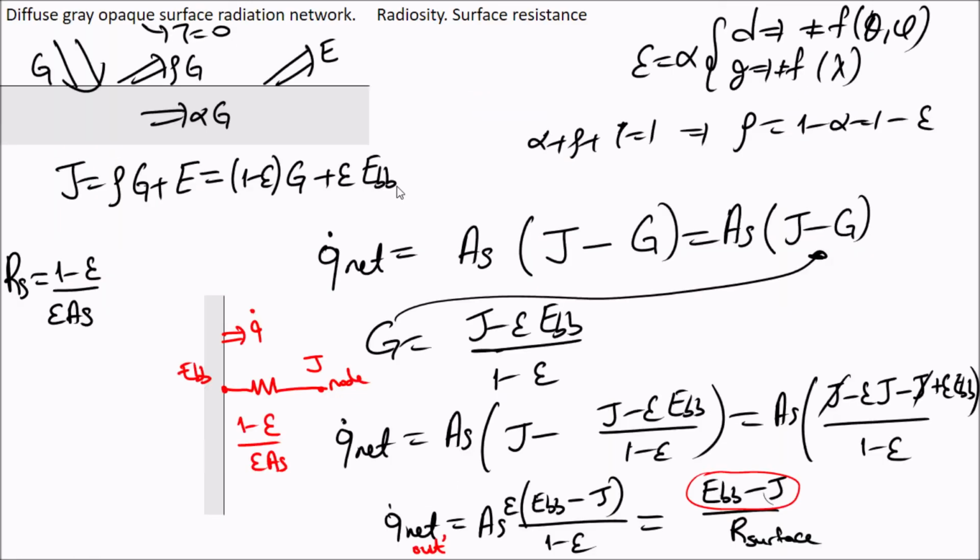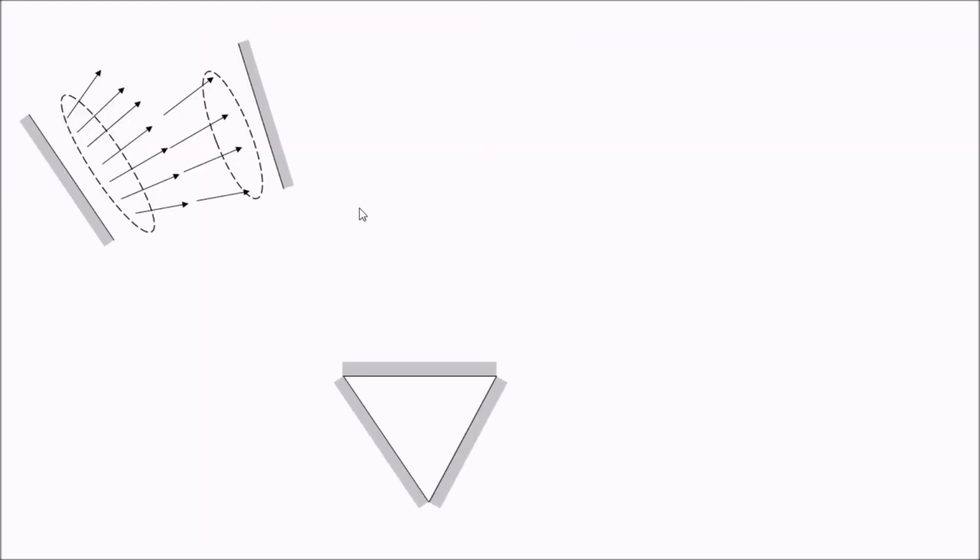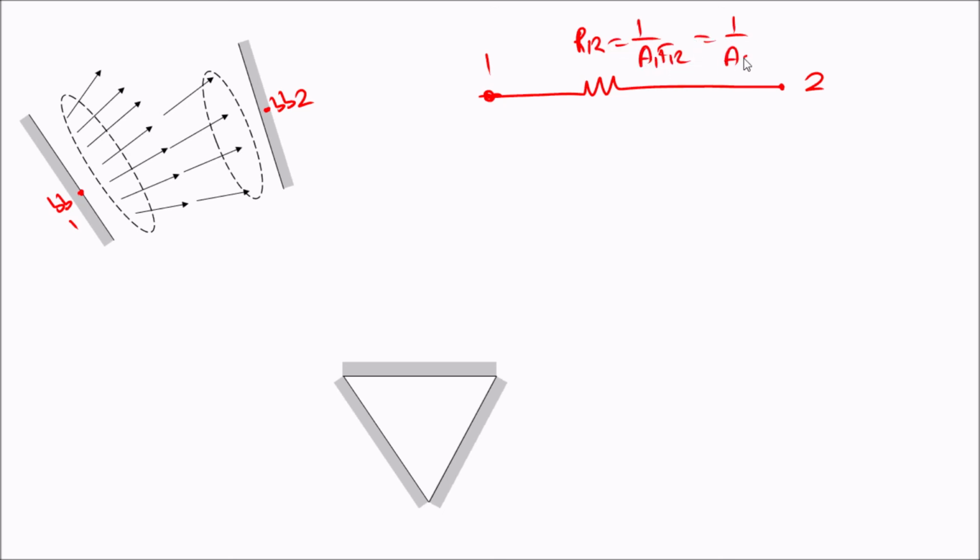So if we go back to our black body heat exchange problems, we said that if this one is black body 1 and this one is black body 2, and in between we had one resistance, R12, defined as 1 by A1 F12, which is the same as 1 by A2 F21.